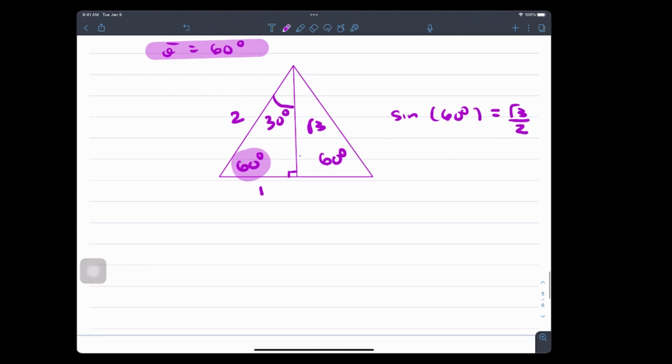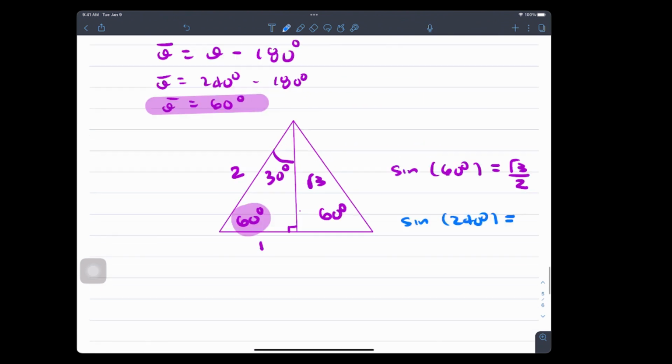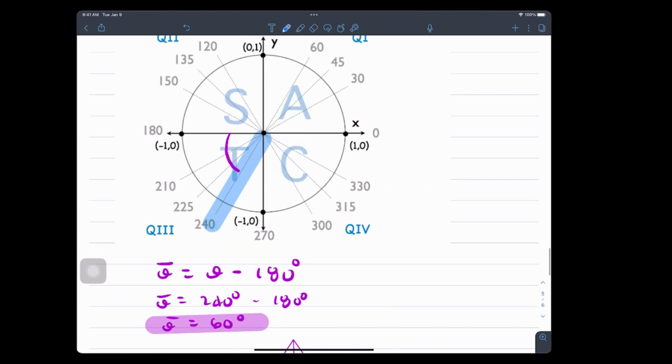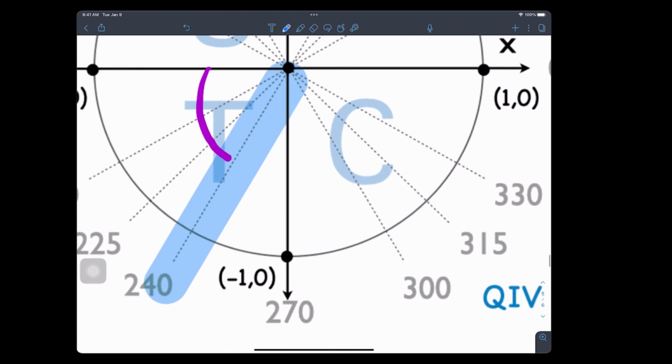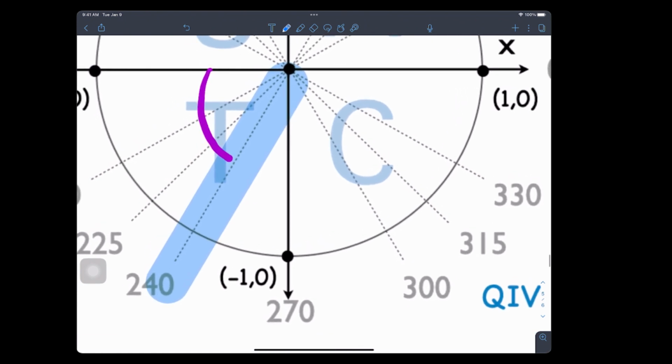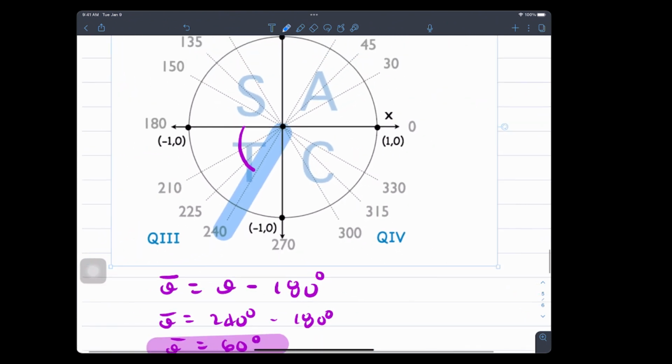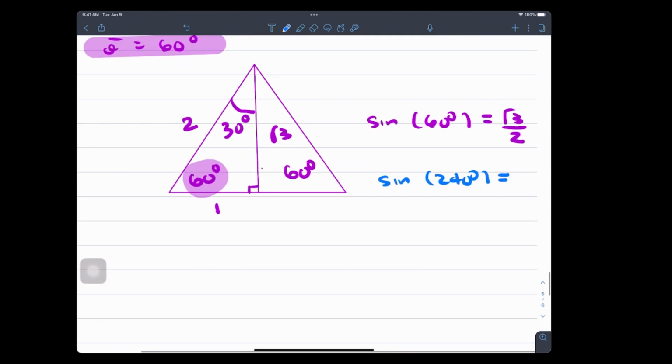Then that means sine of 240. What's sine 240 then? See if you're awake. What's sine of 240? It's negative. How do we know it's negative? Because only tangent is positive in quadrant 3. So that means sine is what? So that sine will be negative.